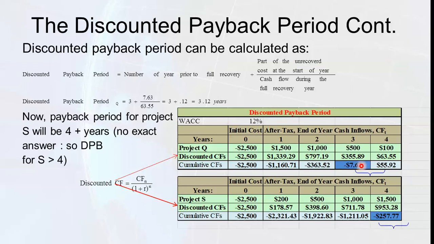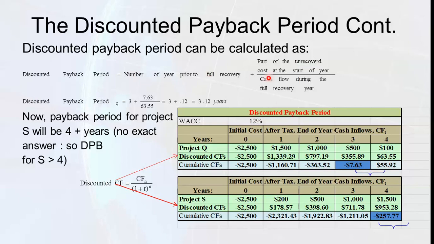In this case, for project Q, in the second year we still have an amount left. In the third year we still have $7.63 left. You look at where it changes from negative to positive here. So in year 4 we still have $7.63 to be recovered.